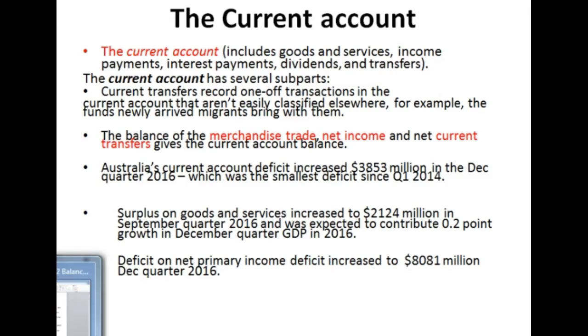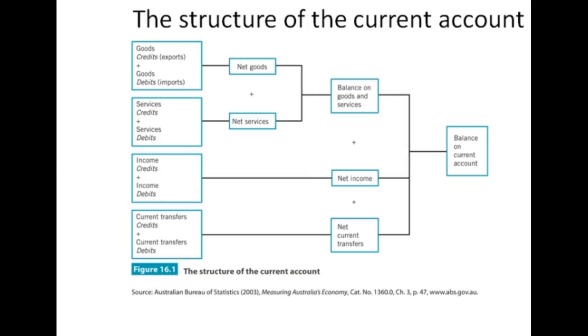So you have some idea about the size of our current account, and what the major accounts held in the current account are. Just looking at this graph, you can see the balance on goods and services account, which is also known as the merchandise trade and services account.